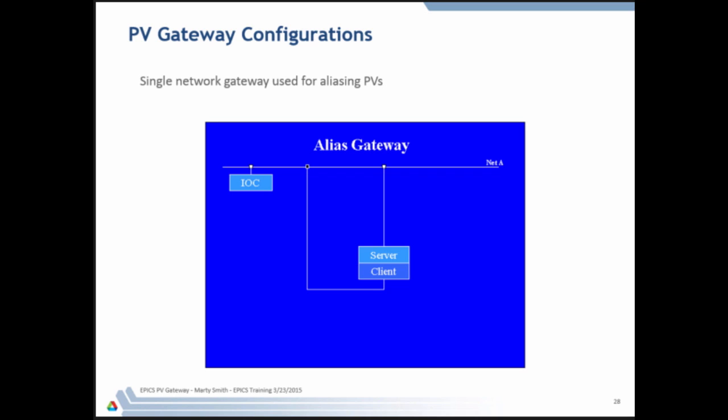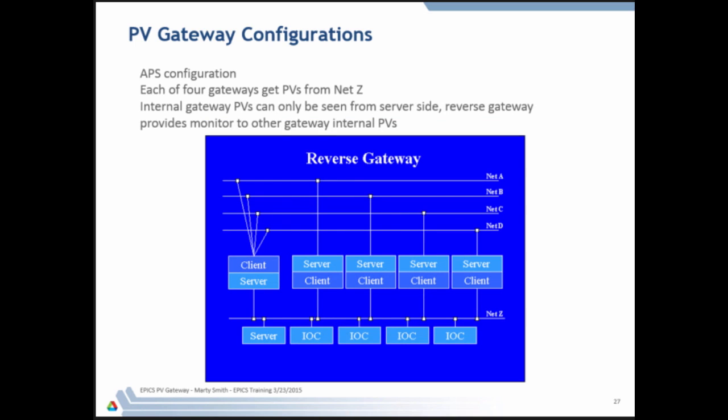I don't use the aliasing that much, not like this. I use aliasing in this configuration. Each of these beamlines may have a steering process variable that they use. What it means, I don't really know.